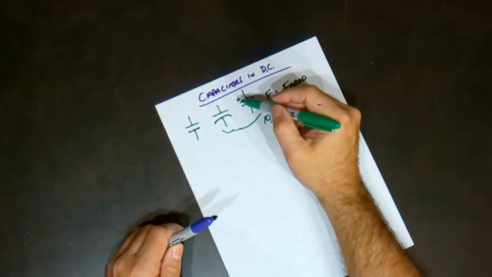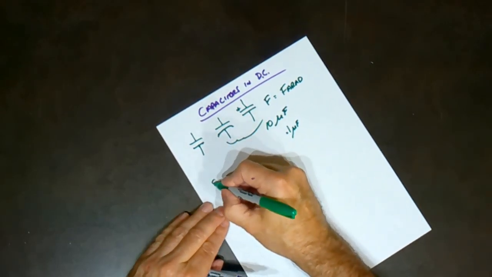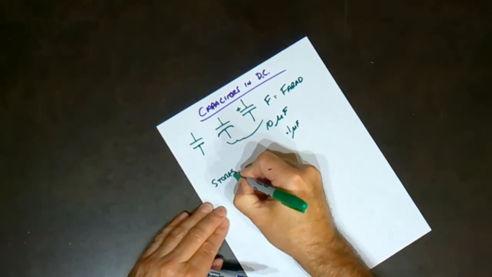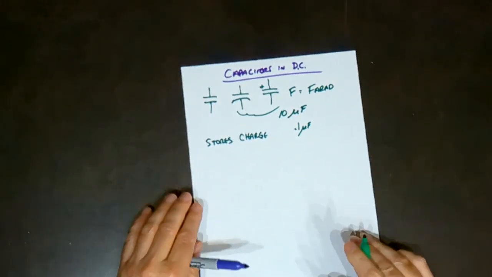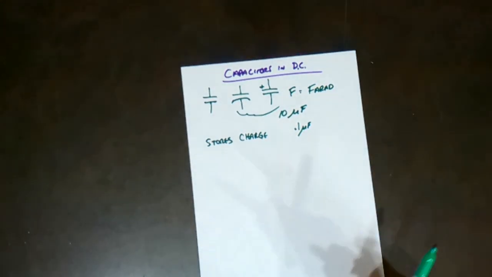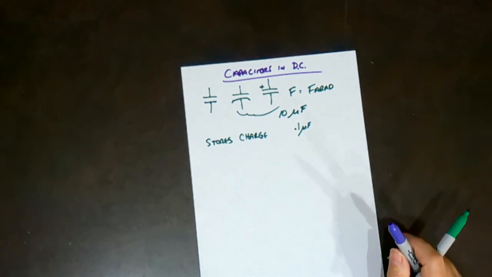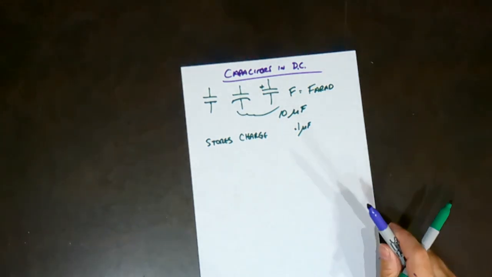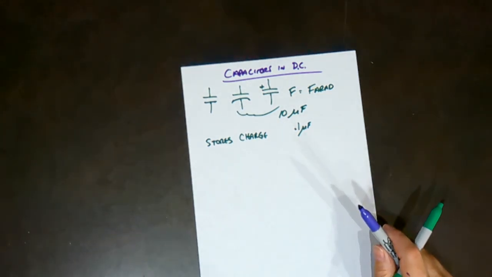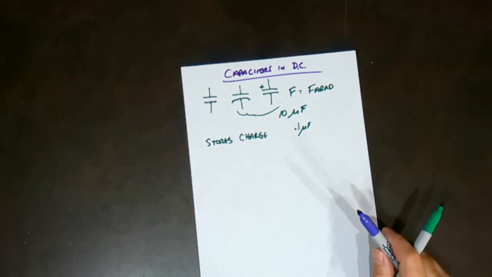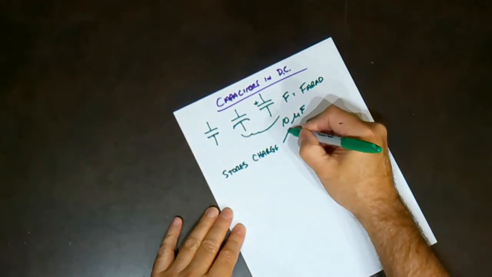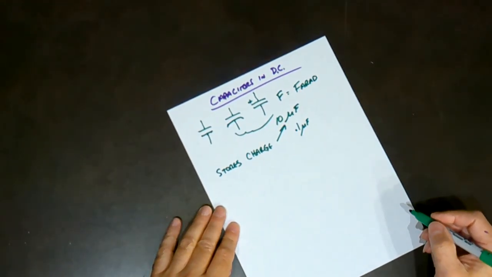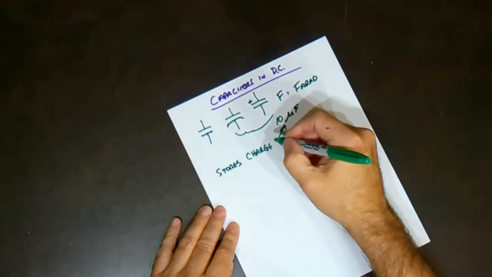What a capacitor does is it stores a charge. In DC, think of a capacitor as a small little battery, and it'll store a charge for you to use later on in your circuit for something. The amount of charge stored is given as the capacitance.